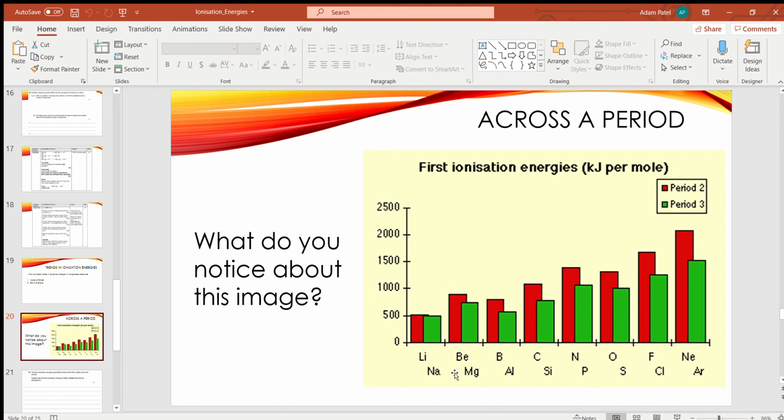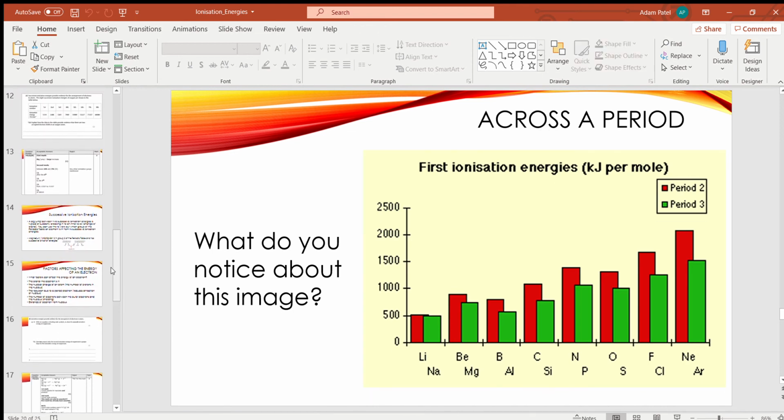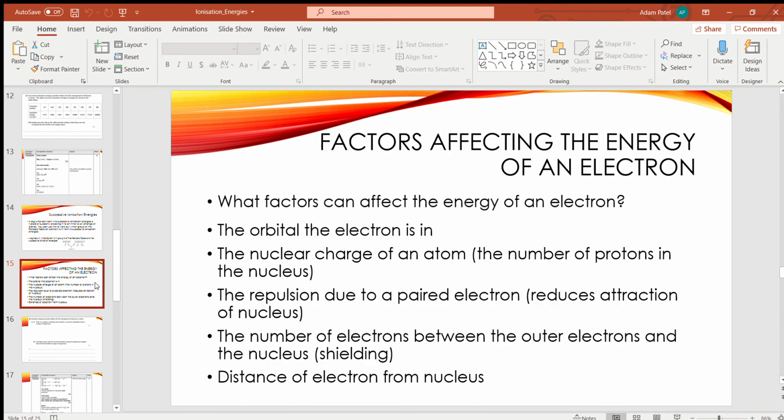So you're going to have repulsion between the two electrons in the orbital. When you have that increased repulsion, that affects the energy in that specific orbital, and that affects the energy of the electron. Remember, as it says here, the repulsion due to a paired electron reduces attraction of the nucleus.